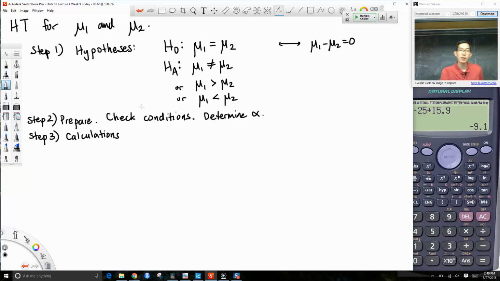Okay, we'll do our calculations. As far as calculations go, same process. Find the standard error. This is the same standard error that appeared in our confidence interval.